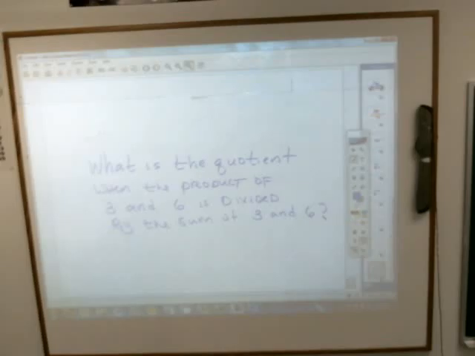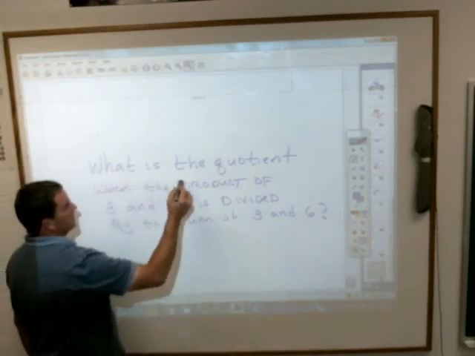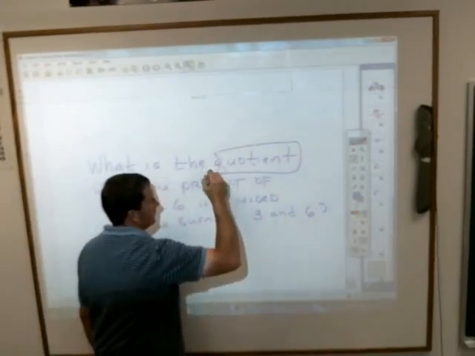Now please understand this, children. Here's one of those places where if you just look at that problem and read it, your mind starts going a bazillion different ways because there's probably 3 steps. You have to take it apart piece by piece and look at it step by step. The first thing they're asking you for is a quotient.